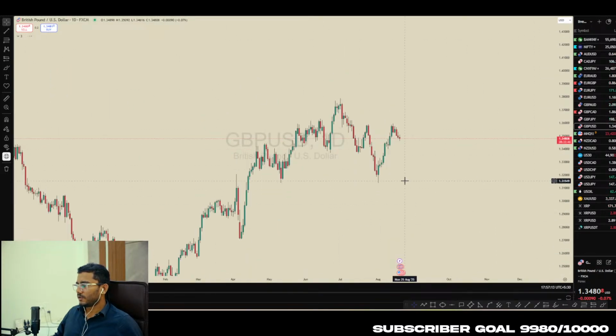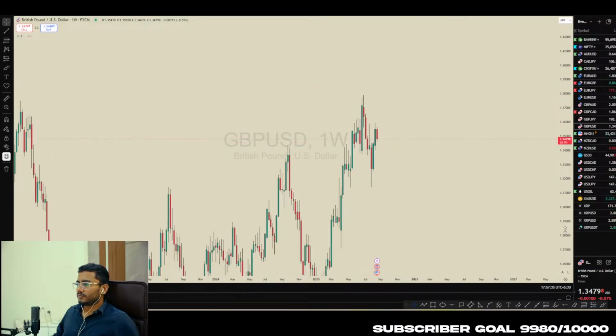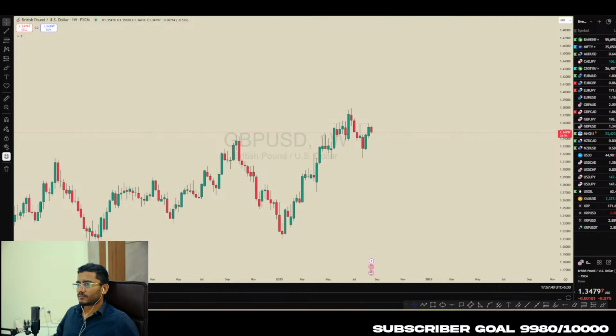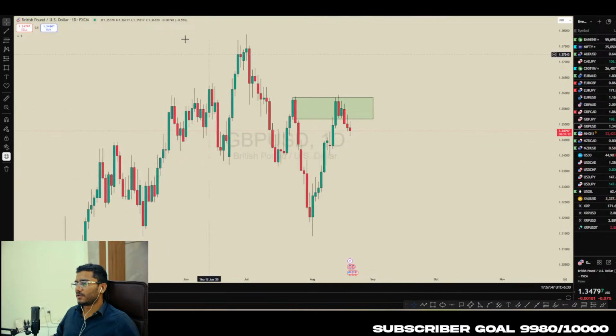So let's start from the higher time frame. Daily, weekly, price have tapped this weekly order block, daily order block, and price is continued downside.